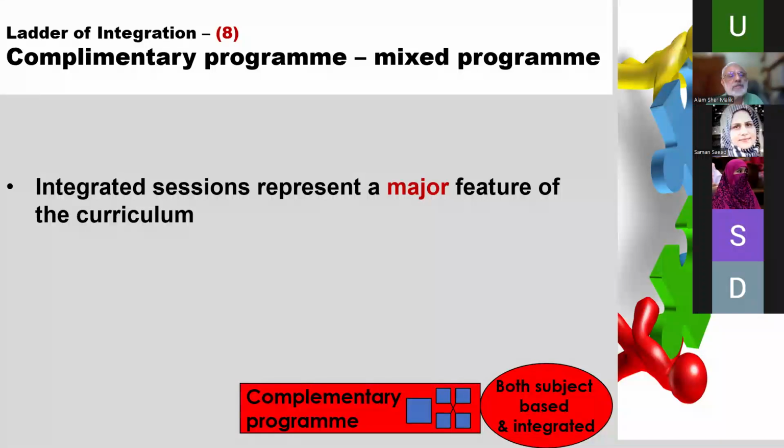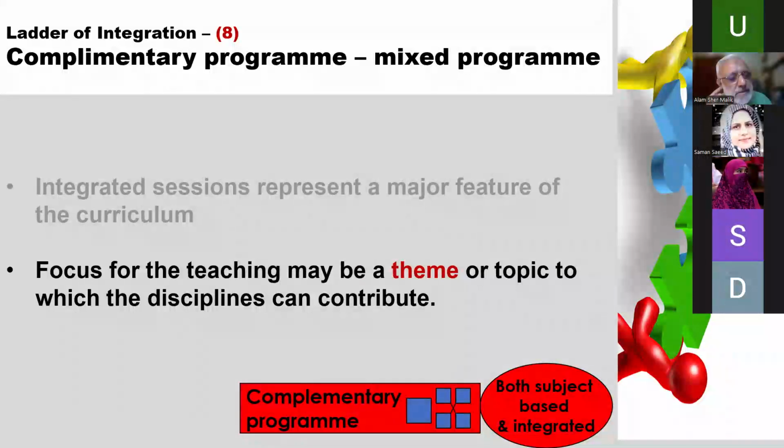Level 7 and level 8 differ in the percentage of the curriculum being covered in one way or the other, and in level 8 it is covered jointly. The focus of teaching may be a theme or topic to which the disciplines can contribute.